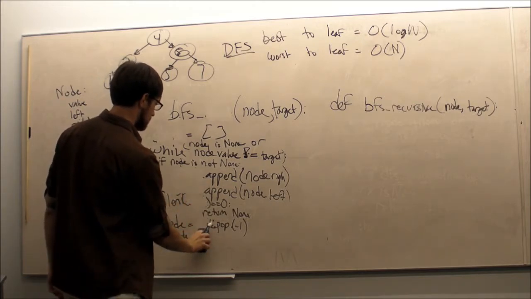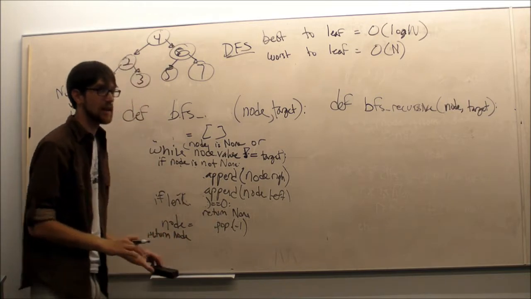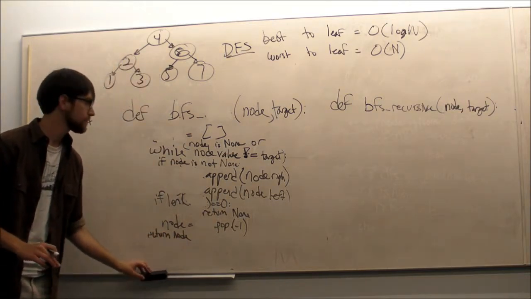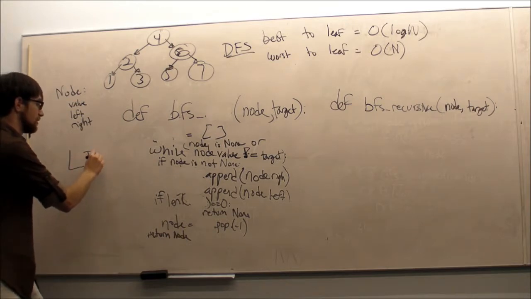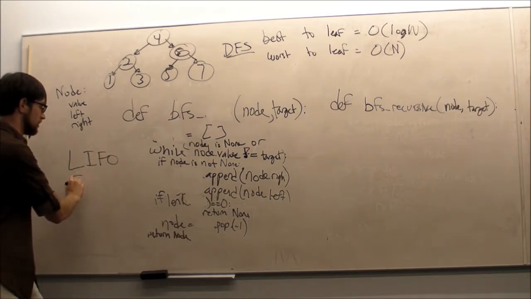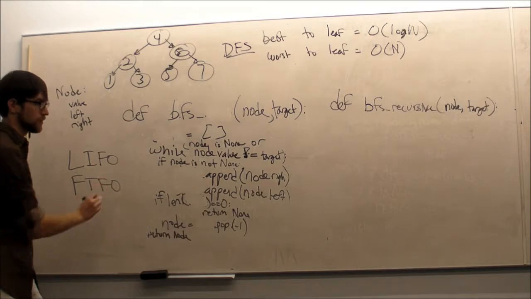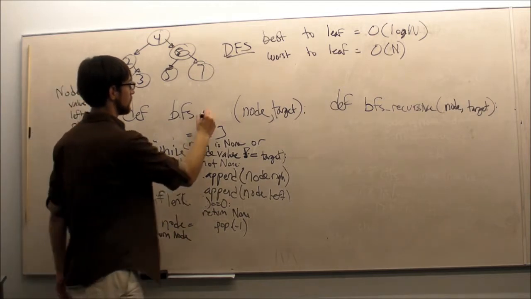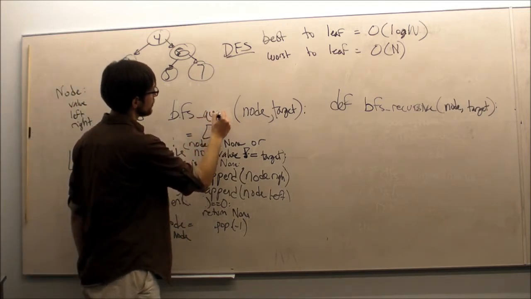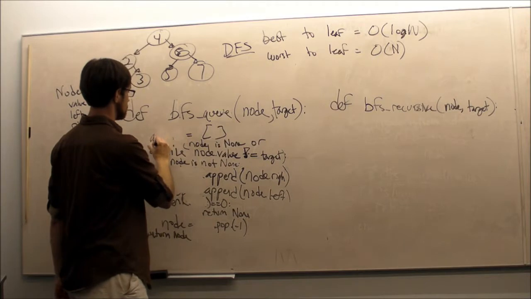Does anybody remember what we talked about last week as the opposite data structure to a stack? Instead of a stack, which is last in, first out, we want something that's first in, first out. Anybody remember what this data structure is called? It's called a queue. So we're going to use breadth first search using a queue.